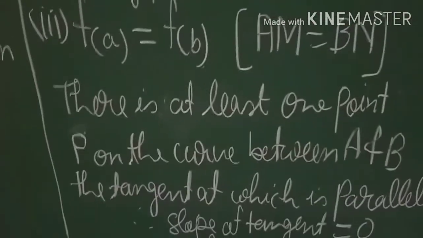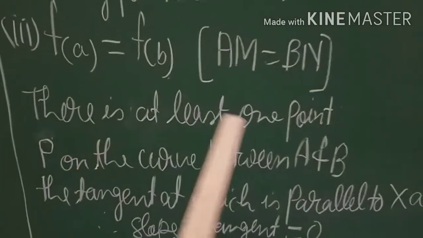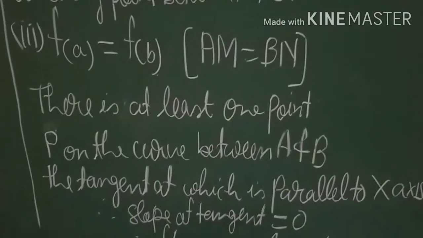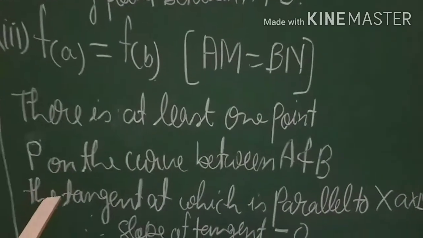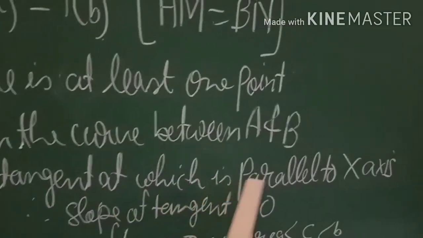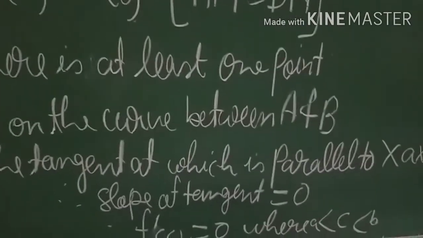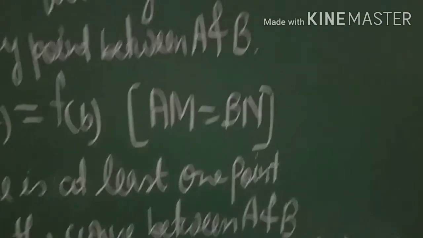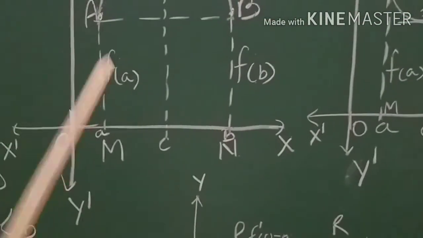Now, students, the last condition: there is at least one point P on the curve between A and B, the tangent at which is parallel to the x-axis, then the slope of the tangent equals 0.